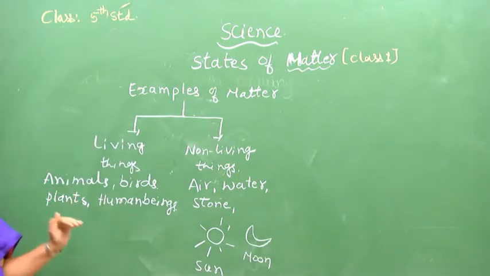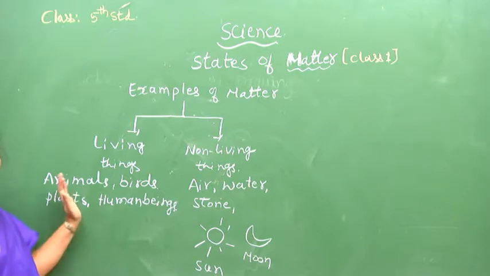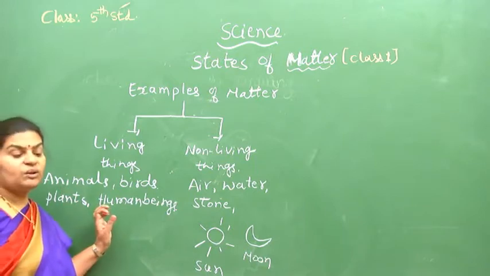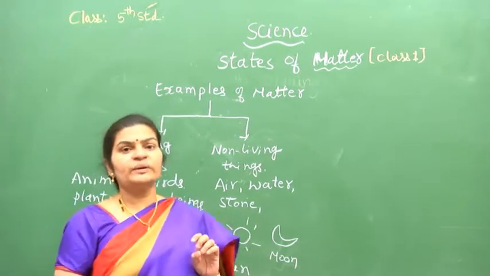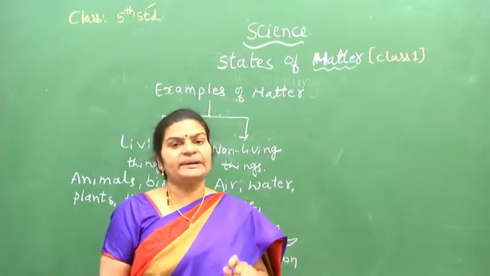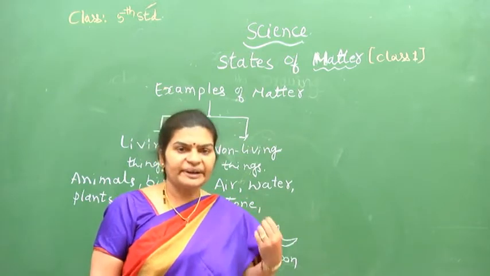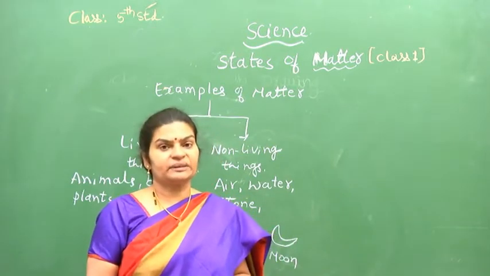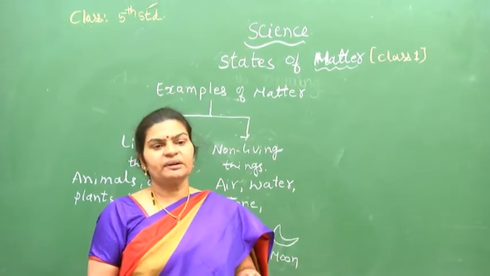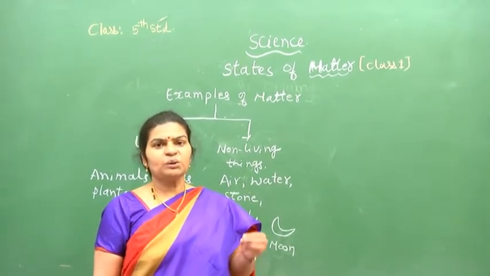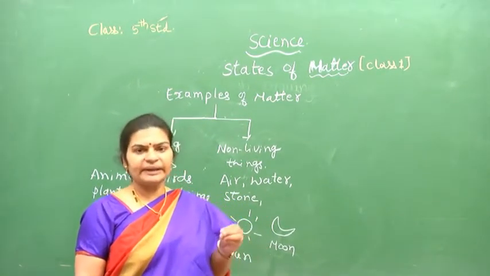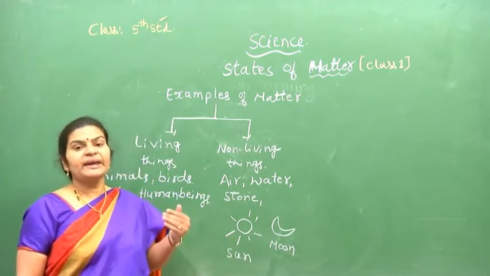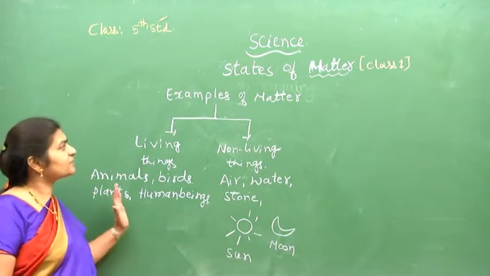The whole universe, when we consider it, is called matter. So you should not hesitate to give examples of matter. If you write your name, it is matter. Your book, your pen, pencil, sun, moon, star, air, water, everything is called matter.